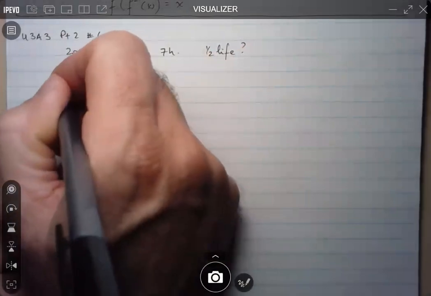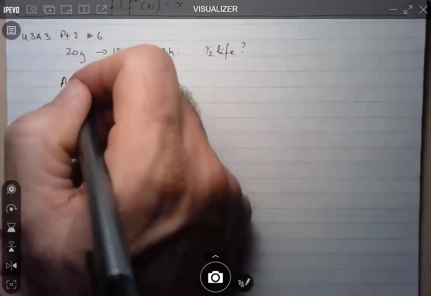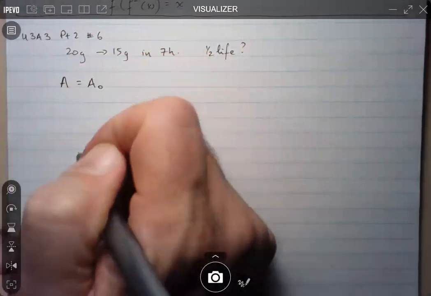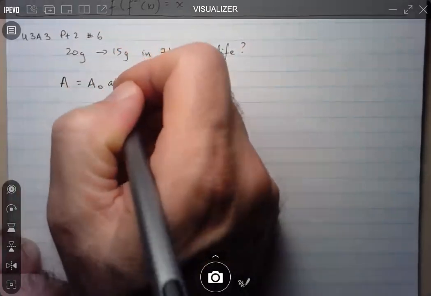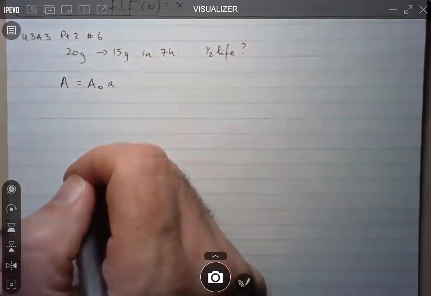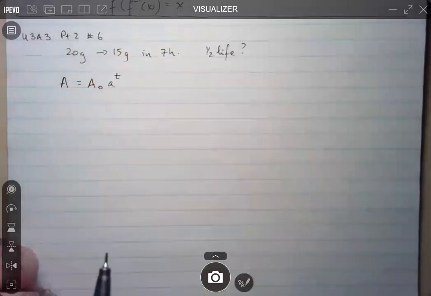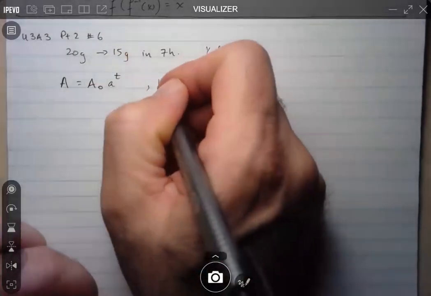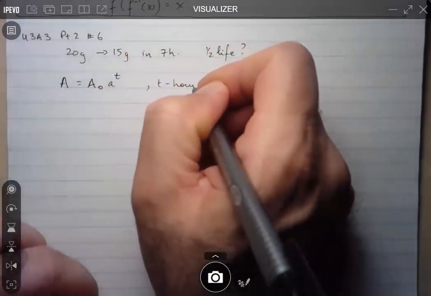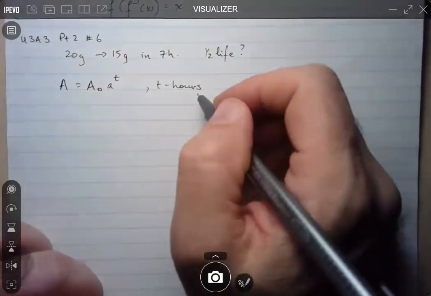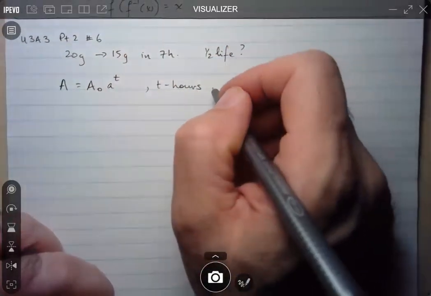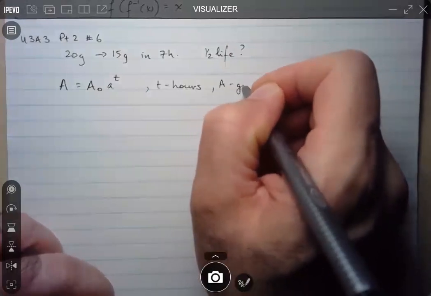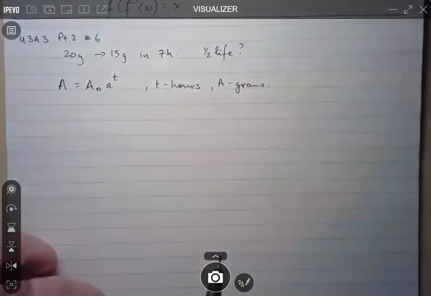Our exponential models look something like this: A equals A naught, whatever the initial value, times the base to whatever our variable exponent is. So if I make t in hours here, and the amount is going to be in grams, because those are what's given.